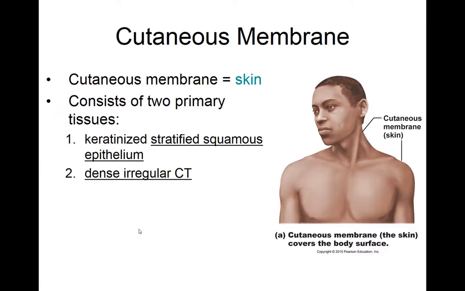This is the one where the collagen fibers are arranged in a hodgepodge, so it can withstand tension from lots of different directions. So those are the 2 layers that we have making up our cutaneous membrane. Stratified squamous epithelium and dense irregular connective tissue. They both make sense if we think about their function.